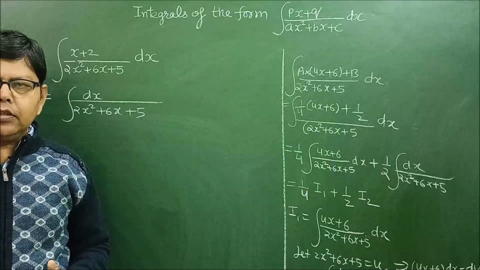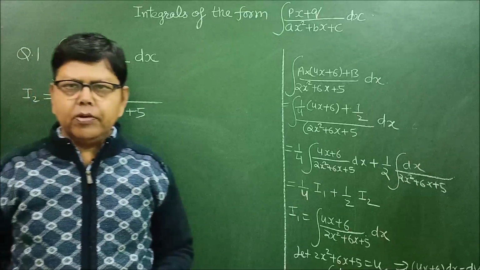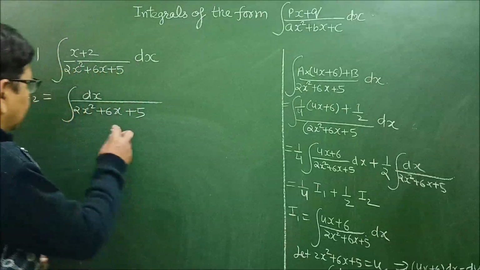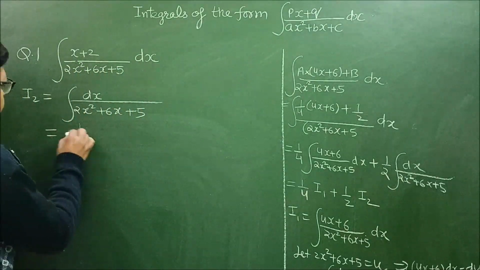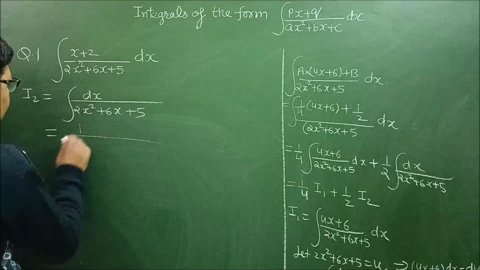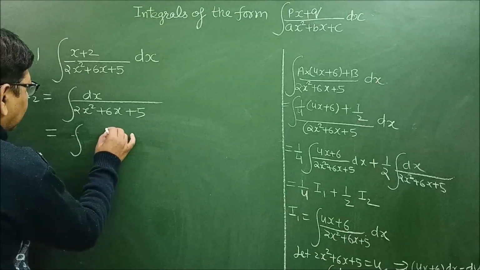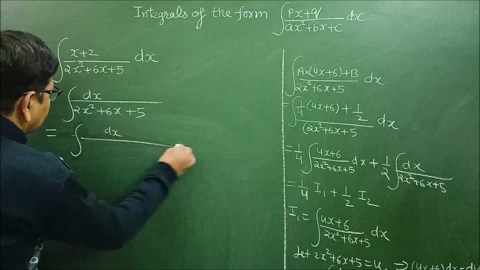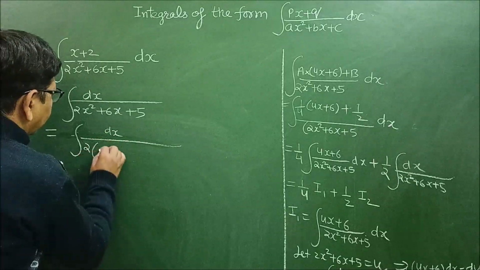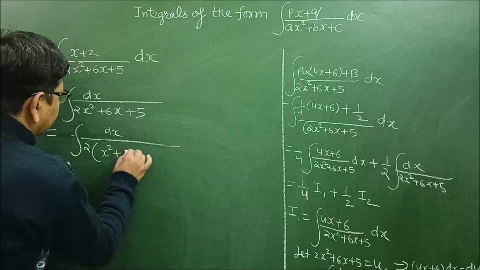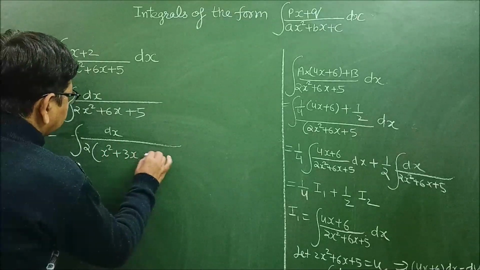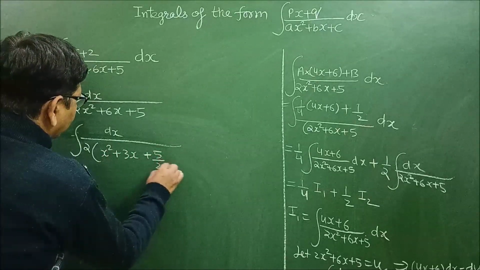So to make the coefficient of x² 1, first take 2 common. If we take 2 common in the denominator, then the integral of dx upon 2 is common, (x² + 3x + 5 upon 2).